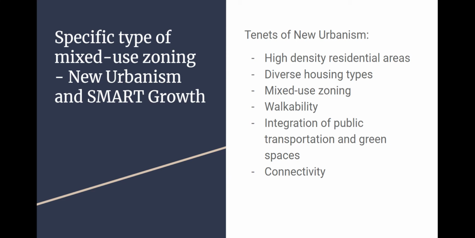Mixed use zoning, as we talked about, being defined by increased levels of walkability and the ease of public transportation, and also integrating a lot more green space and having that be part of the way that the city is constructed intentionally, rather than oftentimes how cities are, where it's nice when parks happen, but they weren't constructed intentionally that way initially. And then this general idea of having more connectivity between the different uses for things in the city.